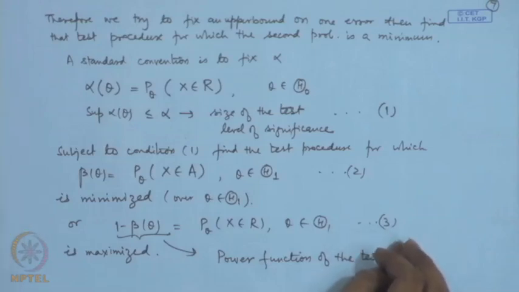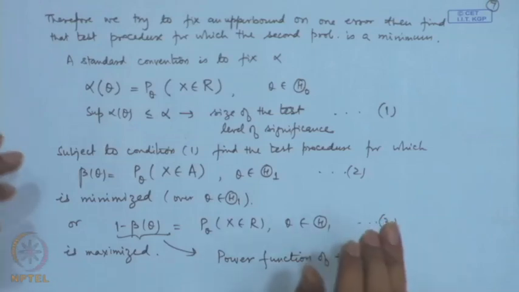So, power of the test is defined as 1 minus the probability of type 2 error. Then we get the concept of most powerful test and the uniformly most powerful test.